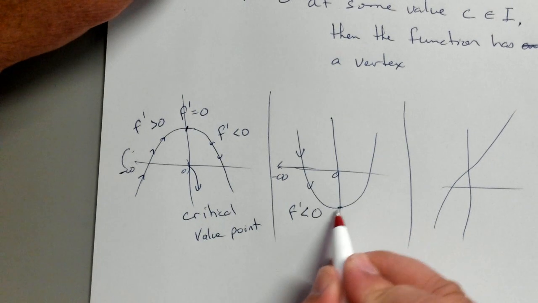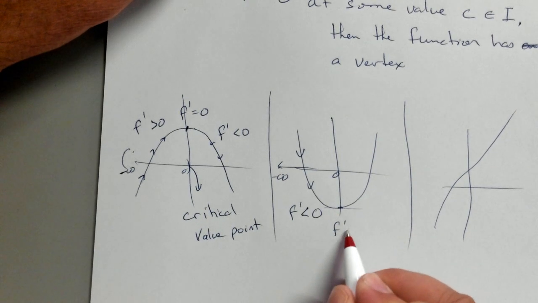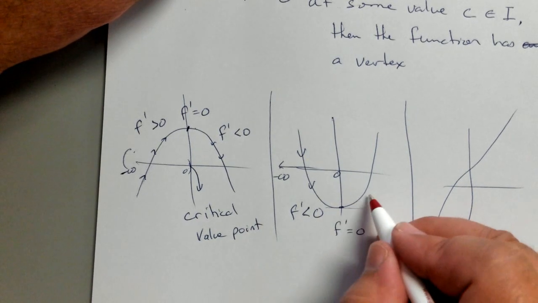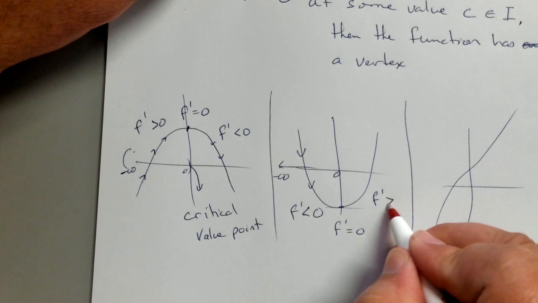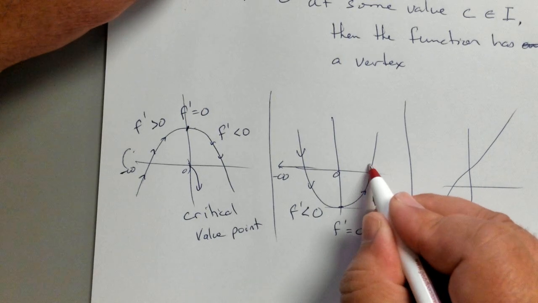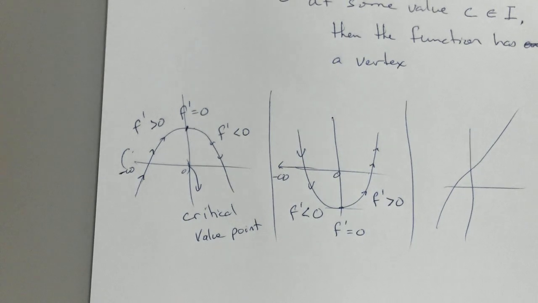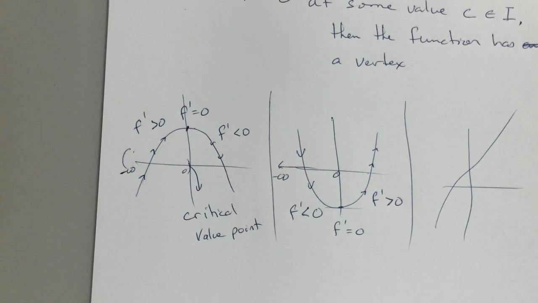At 0, the first derivative equals 0. And then on the other side, the first derivative is positive because the graph is going back up again. So far, so good?